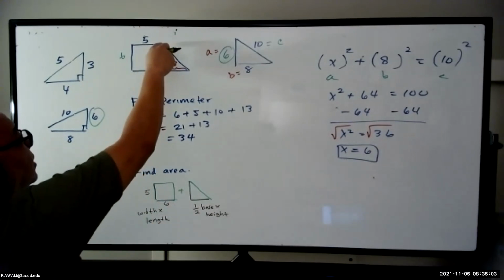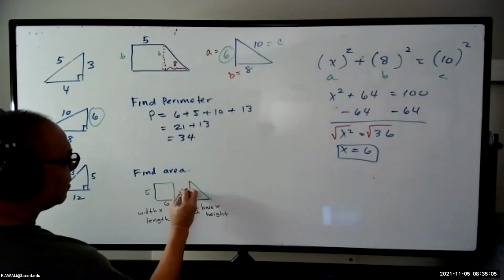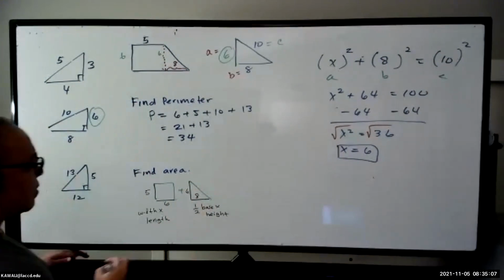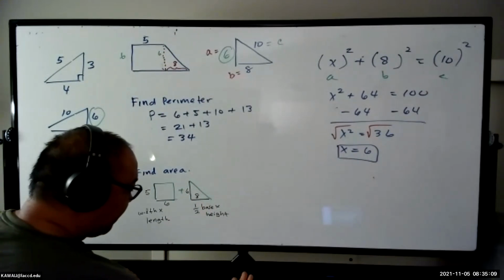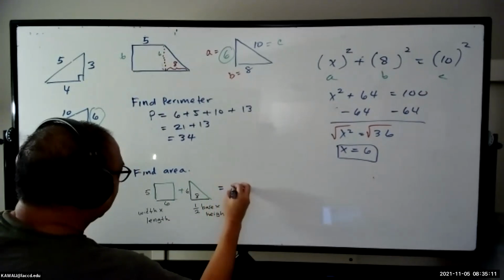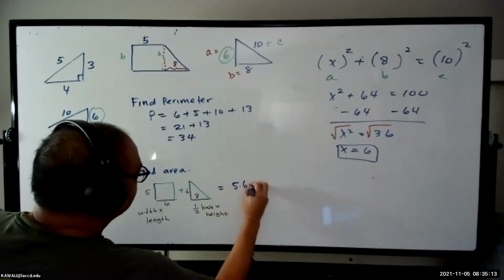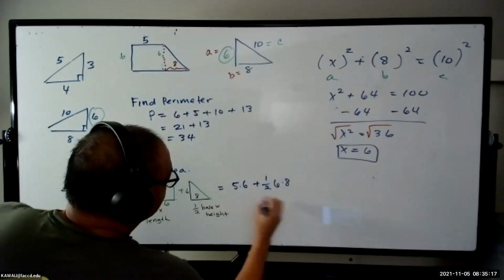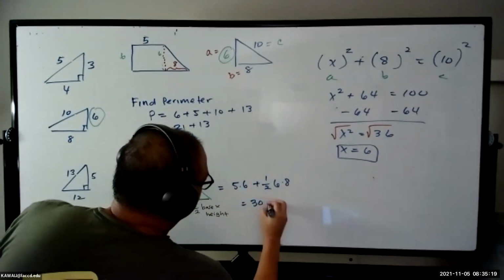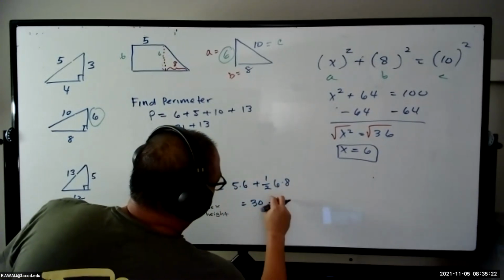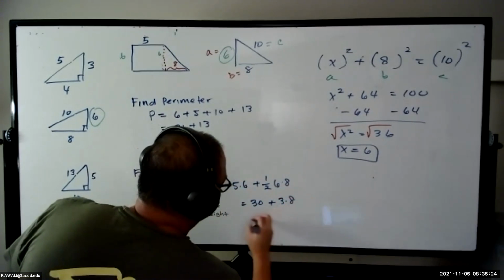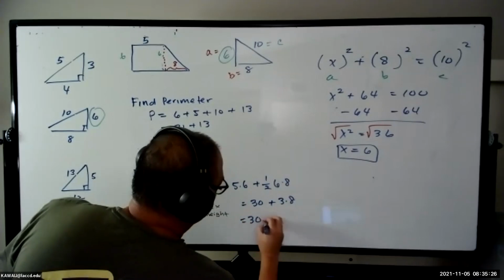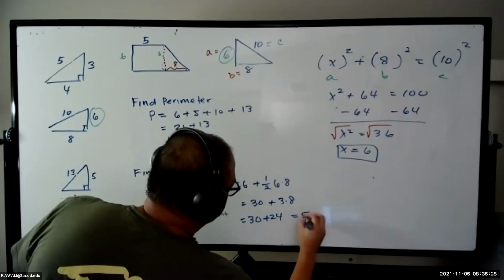And then this triangle is 6 and 8. So we have 5 times 6 plus 1/2 times 6 times 8. So that's equal to 30 plus 3 times 8, 30 plus 24 is equal to 54, like that.